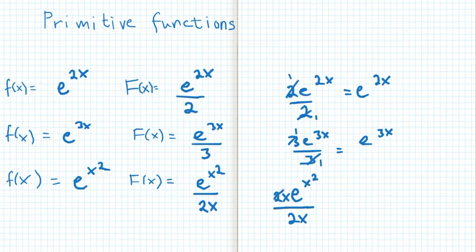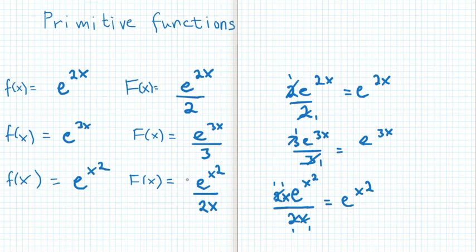Okay, so we're left with only e^(x squared), and that is the function. So this is a way to check that we actually found the primitive of this function. It's just by finding the derivative, going back again, and if we get this, we know that it's right.